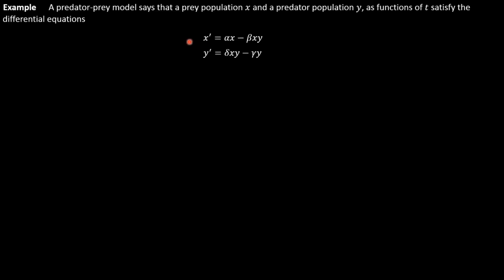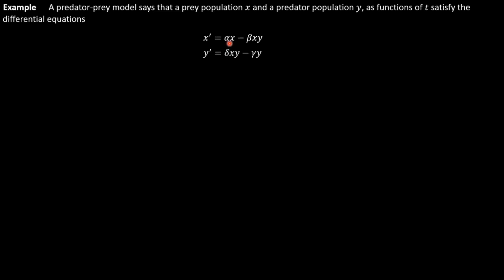First, imagine, for the moment, we had no predators. So imagine that y were 0. Then this is gone, and we just have prey growing exponentially. x prime equals alpha x means exponential growth of your prey population x.